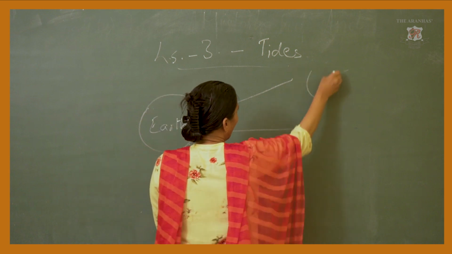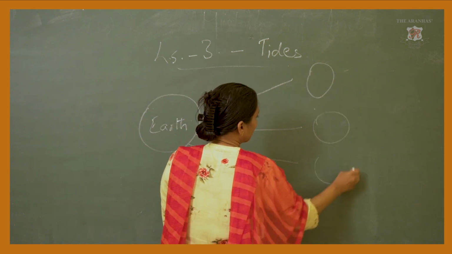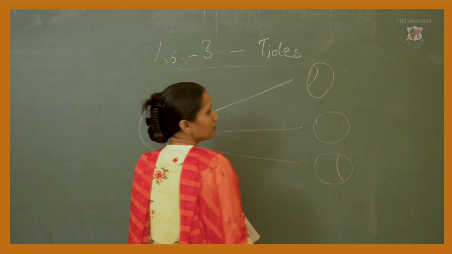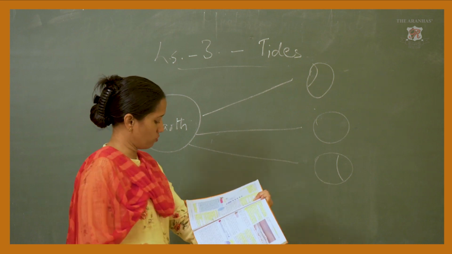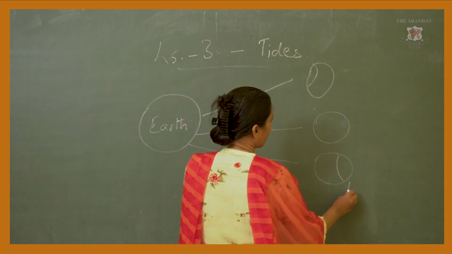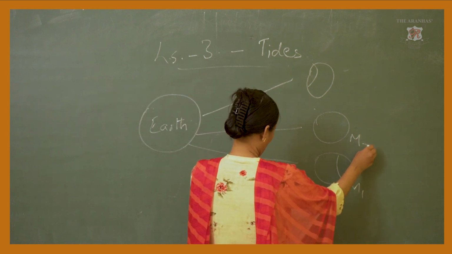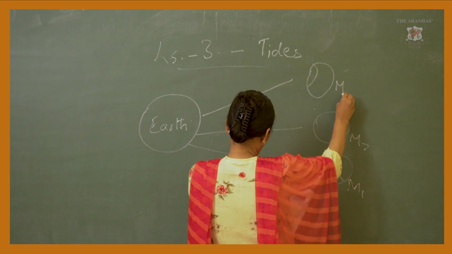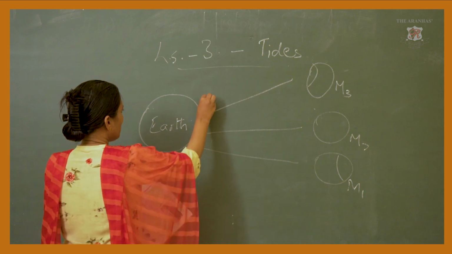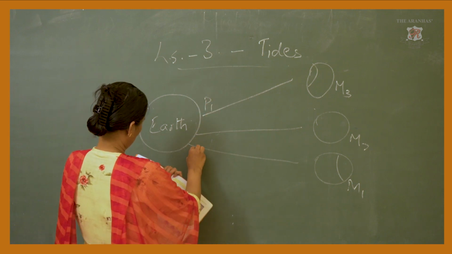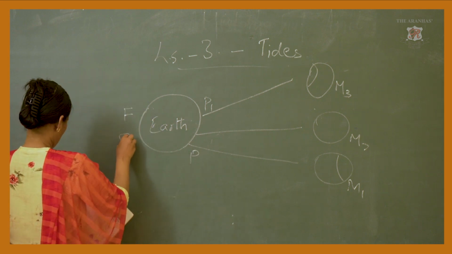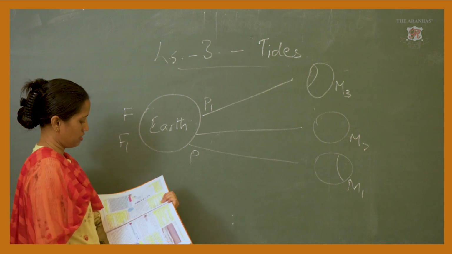These are the moon phases: the new moon, the full moon, and then again the ending part of the moon. That's why it is written. Here it is M1, M2, this is P1, and this is P, and this is F, F1 over here.